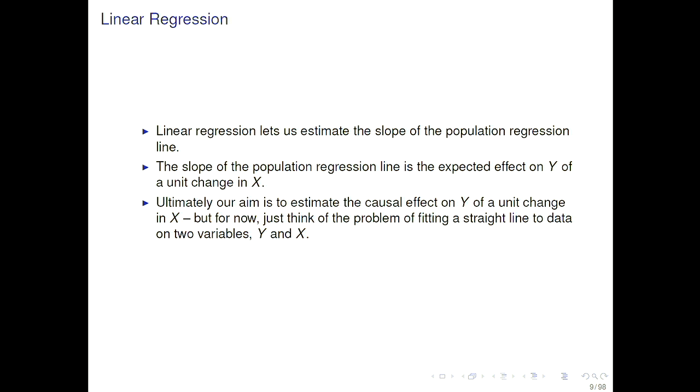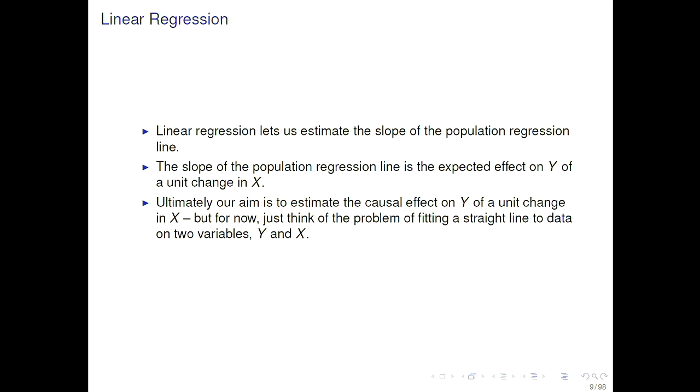So eventually, what we want to do is estimate the causal effect on y when we change x by 1 unit, just like when we increase the years of schooling by 1 year, what is the effect on the individual's expected salary.